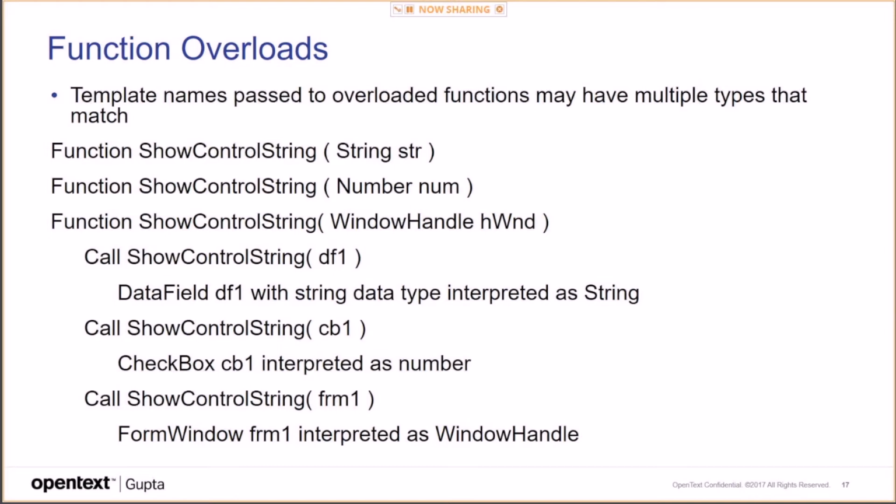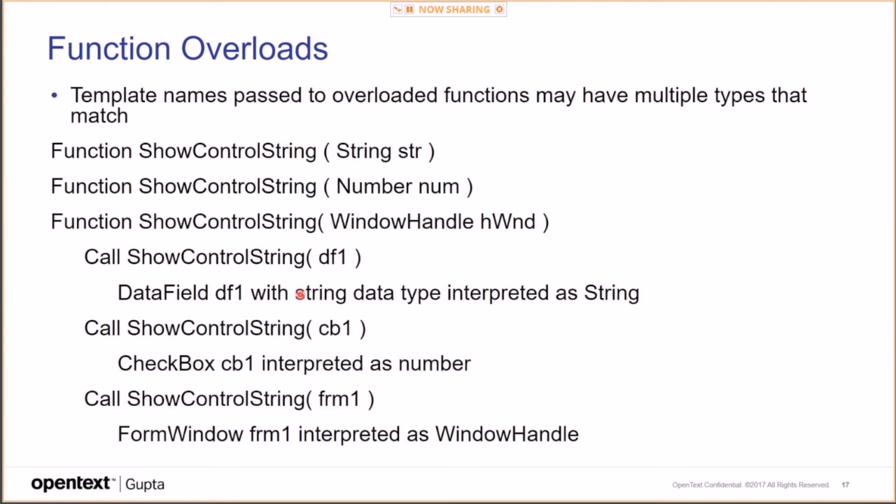Template names passed to overloaded functions may have multiple types that match. So you could have something like this: show control string, window handle, show control string, df1, and it's not clear whether you would use this as a window handle, or would you interpret this as a string?